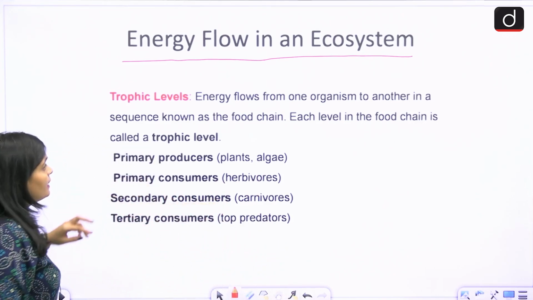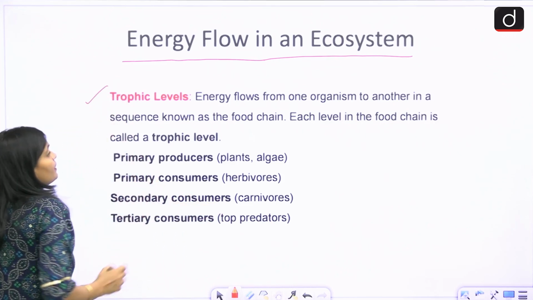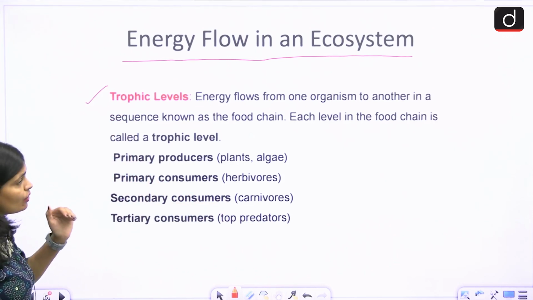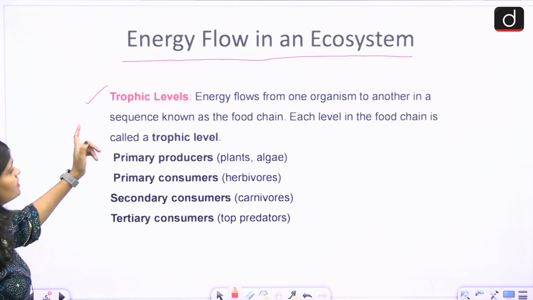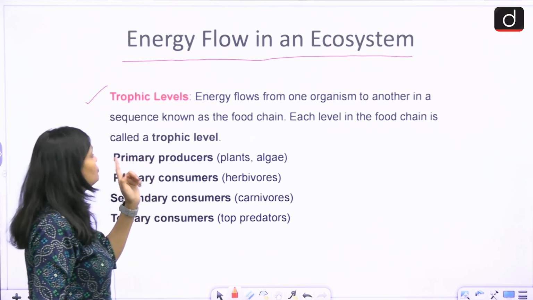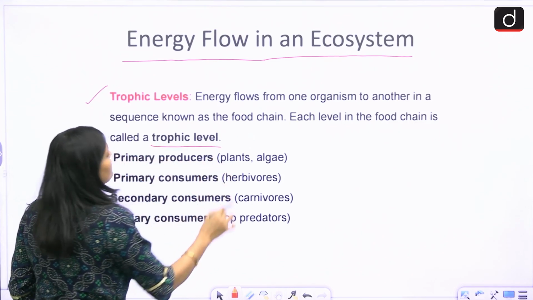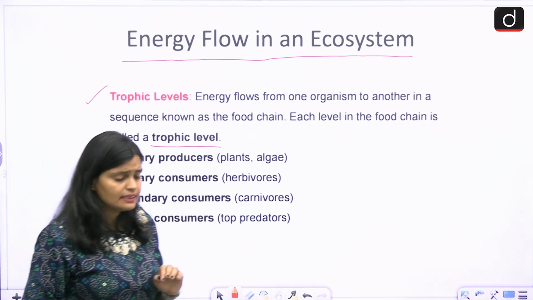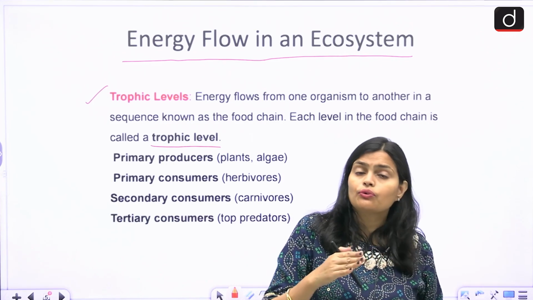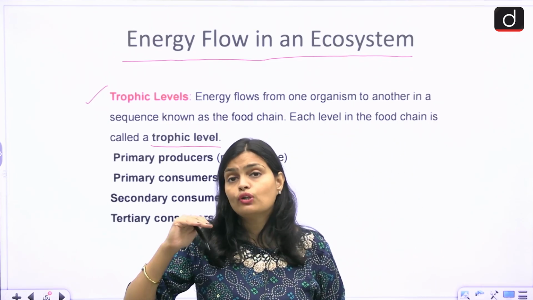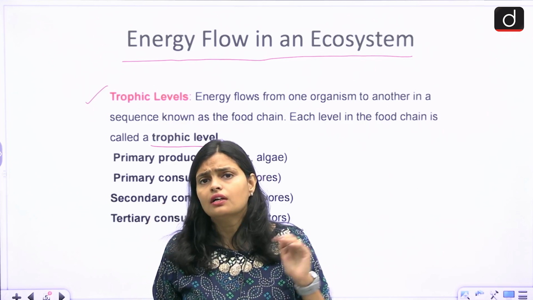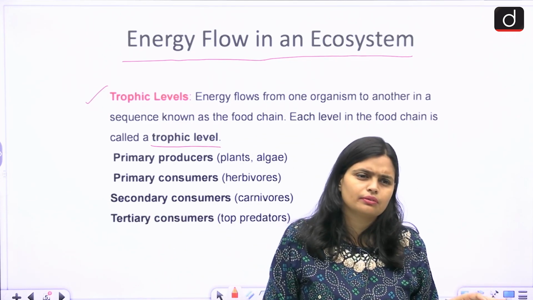In energy flow in an ecosystem, first of all try to understand trophic levels. Energy flows from one organism to another in a sequence known as a food chain. Each level in the food chain is called a trophic level. Have you heard about food chains in your smaller classes?